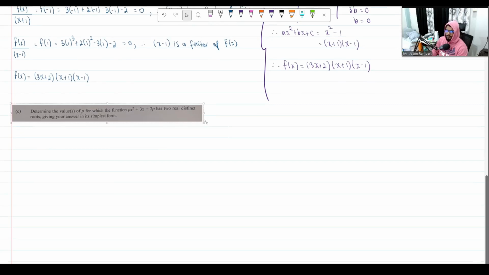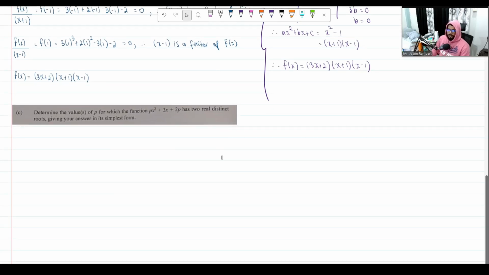In part C, determine the value or values of p for which the function has two real distinct roots, giving an answer in its simplest form. So first thing I'm thinking is discriminant.